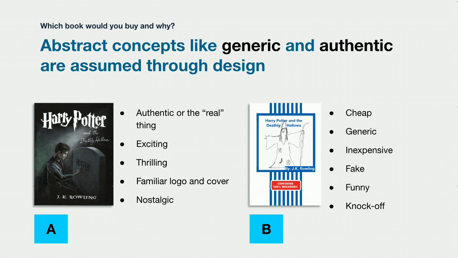If you chose book A, maybe you were thinking that it looked more exciting or more familiar. And if you chose book B, it's probably because it looked funny or it looked generic, like a product at a supermarket. But how do you know that book B is actually funny or book A is actually exciting? You don't. It's a specific aesthetic that we associate intentionally with cost or with excitement.